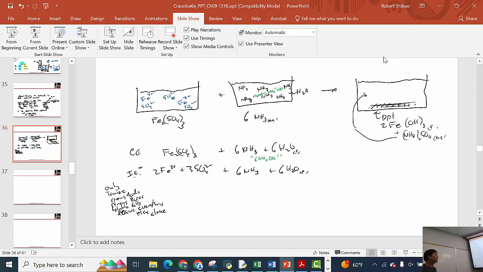And so this is our ammonium sulfate aqueous here. And so in the conventional or the complete equation, we form 2 Fe(OH)3 solids plus, how many ammonium sulfates? 6. There's 3 ammonium sulfates.